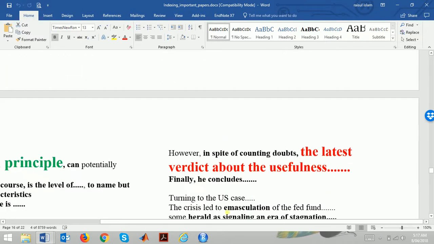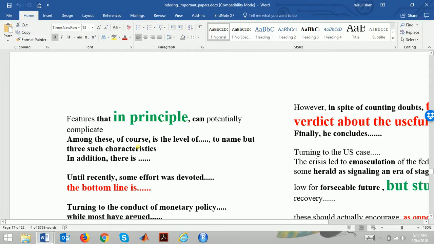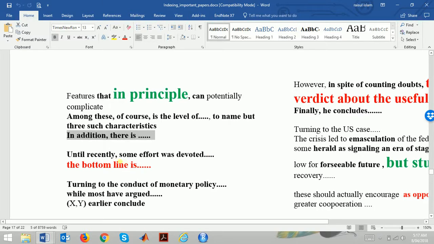The paper is structured as follows. There are features that in principle can potentially complicate matters. Among these, of course, is the level of, to name but three such characteristics. In addition, until recently, some effort was devoted.